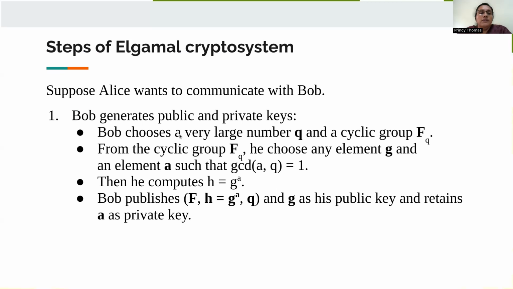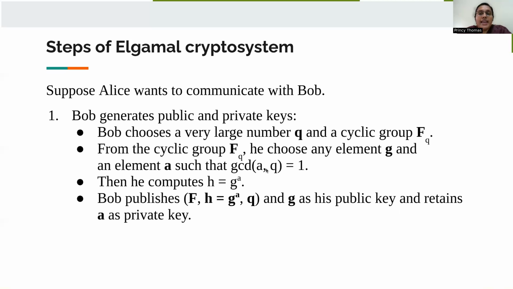Okay, so first Bob chooses a large number Q and the cyclic group F of Q. From the cyclic group F of Q, he chooses a random element G and another element A, but the element A has got the condition that A and Q must be relative primes. Okay, then what he does is simple.